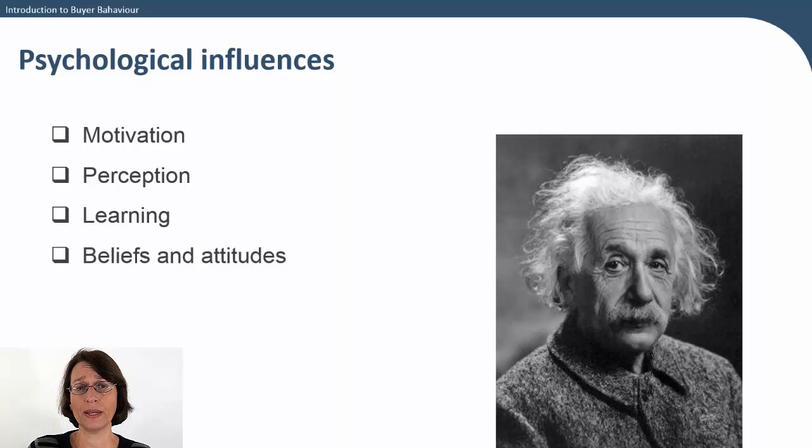In looking at them in a little bit more detail, psychological influences on buyer behaviour are very important, and it's to do with the motivation and perception and learning of a product, and it's really how your consumers perceive your brand. It's also to do with motivation, and this comes back to Maslow's hierarchy of needs.